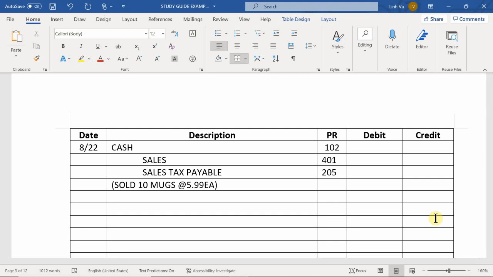So let me see. We sold 10, right? 10 for 5.99. So it is 59.90. Okay. So the sales is 59.90, and the tax is $4.94.